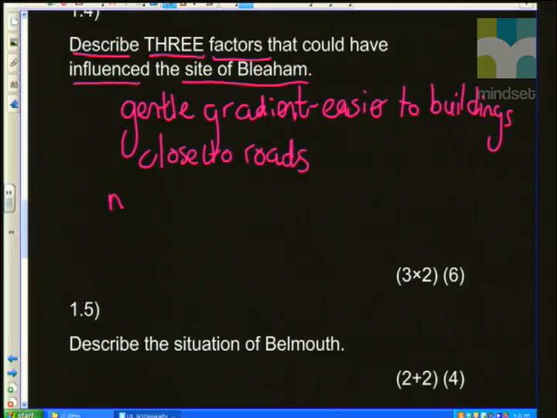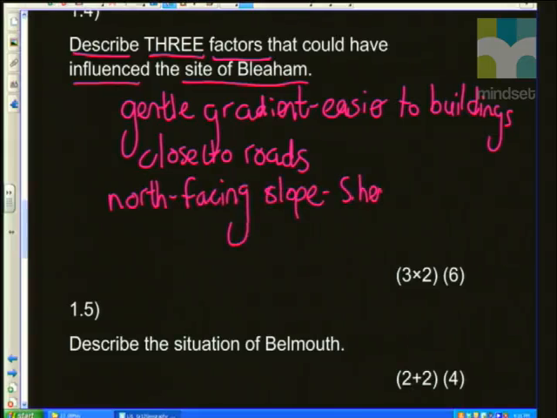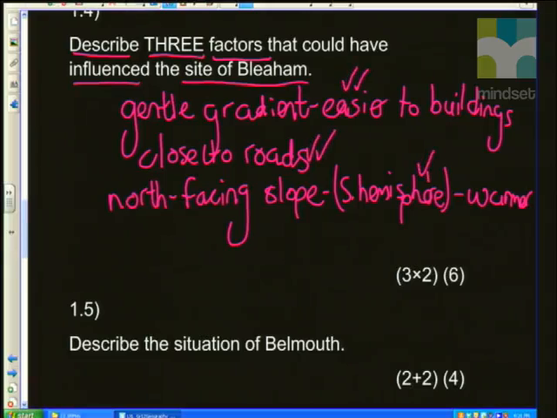And it's also north-facing. Well, it's on a north-facing slope, which means that in the southern hemisphere, let's put that one in brackets, it's going to be warmer. So we needed 3 things. There they are. 2 marks for that one, 2 for there, and 2 for there. 6 marks, and that is a really easy question.